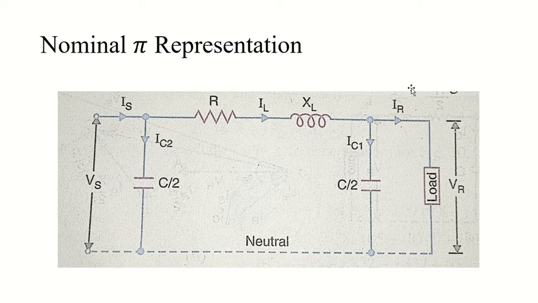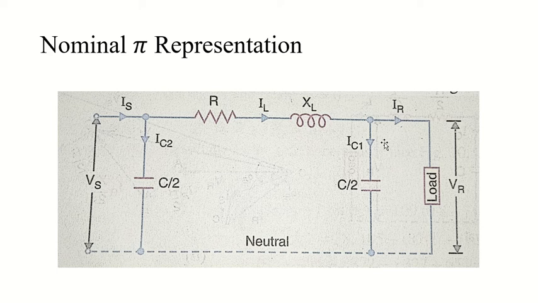What happens in this method is that our capacitance for each conductor is divided into two halves. See, this one C by 2, other one C by 2, right? This one half is lumped at the sending end voltage, and the other one is lumped at the receiving end voltage.